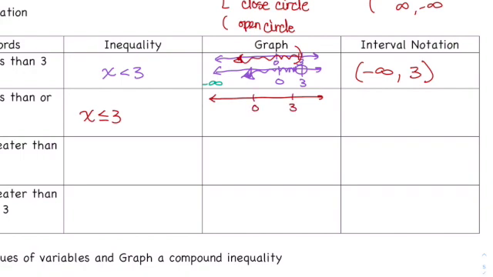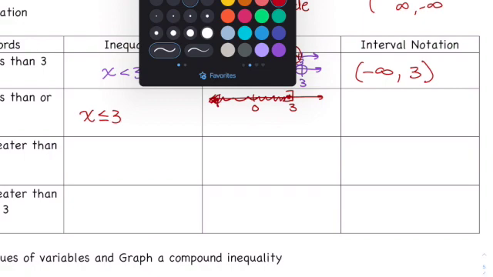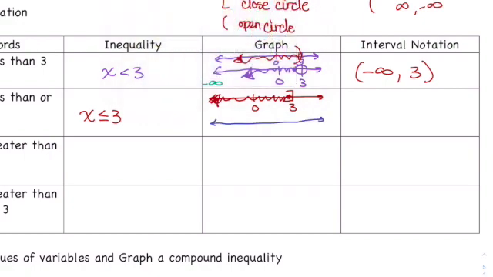So this is 3, now bracket. Remember, closed circle is a bracket, for greater than or equal to, less than or equal to, you get a bracket. Since it's facing towards the negative side, you have it this way, or you can have it a way like this. You should recognize either way because it depends on what your teacher is going to use next year.